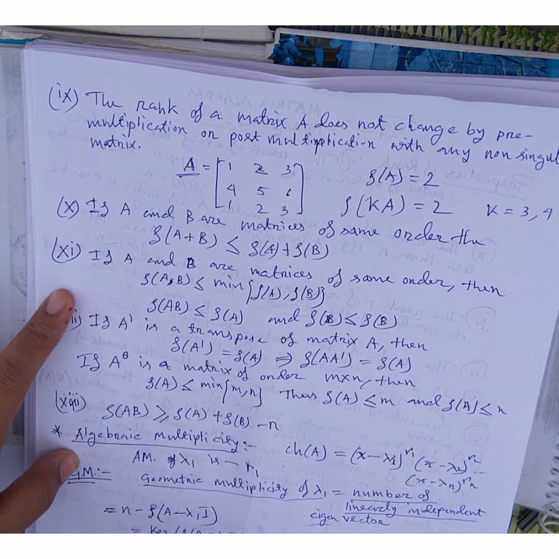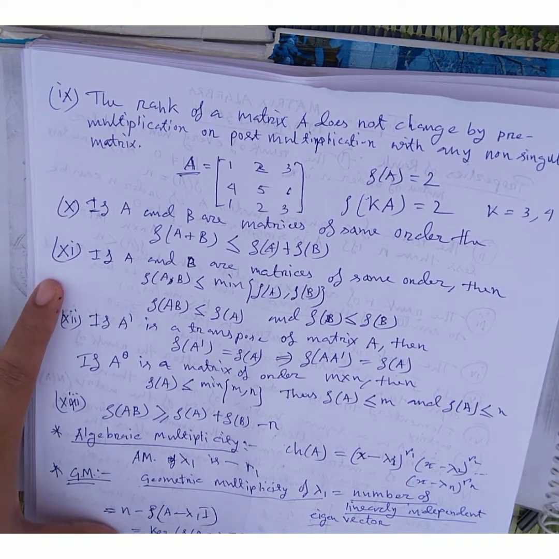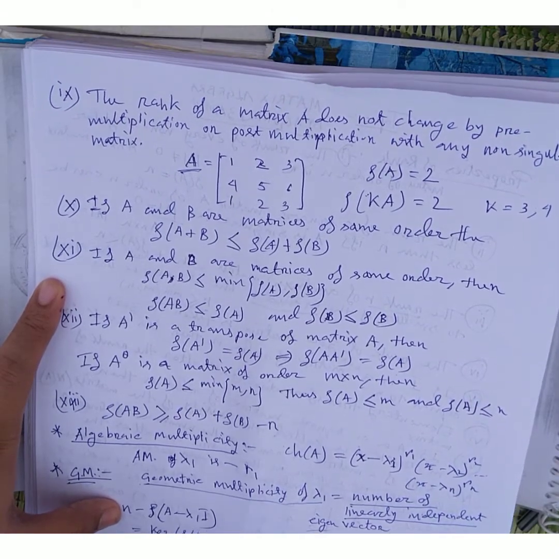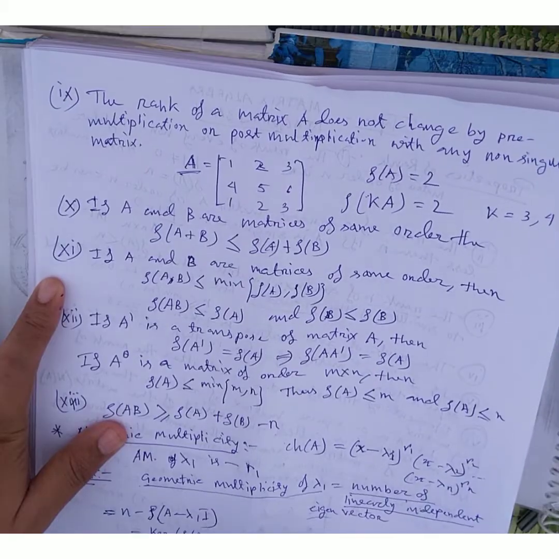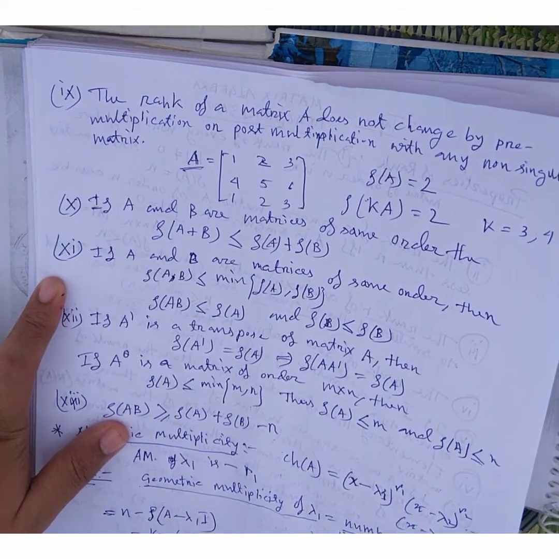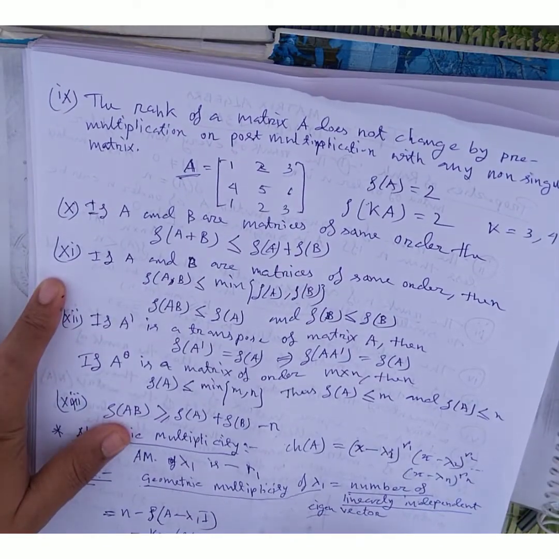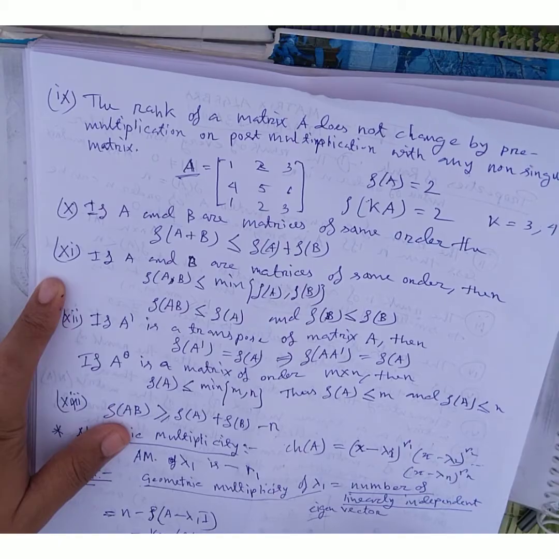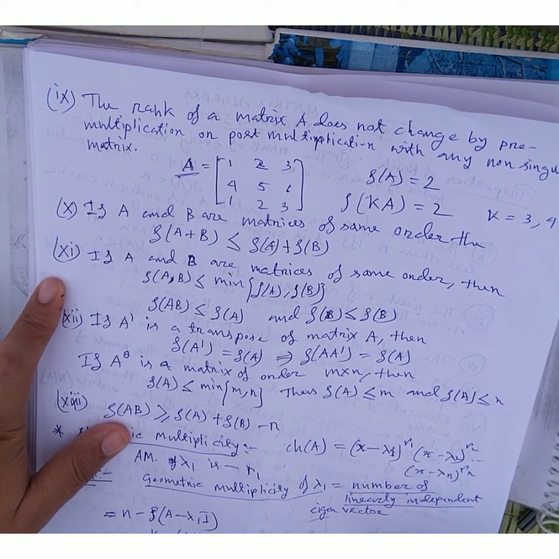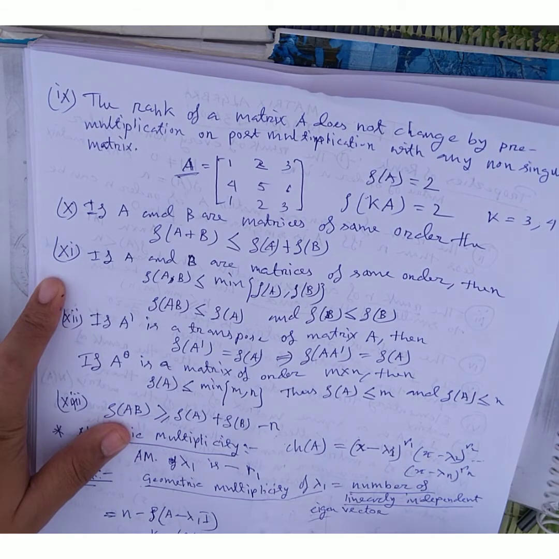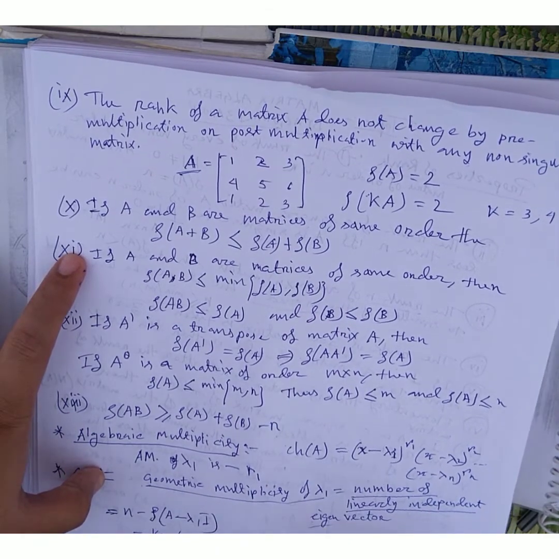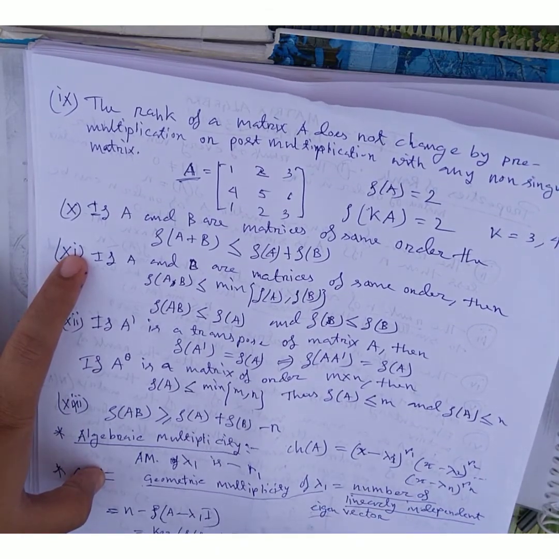Now you can see that the algebraic multiplicity of 1 is equal to 2, because the eigenvalues are 1, 2, 1, and the algebraic multiplicity is the number of times the eigenvalue repeats. The number is 2, so the algebraic multiplicity of 1 is equal to 2.